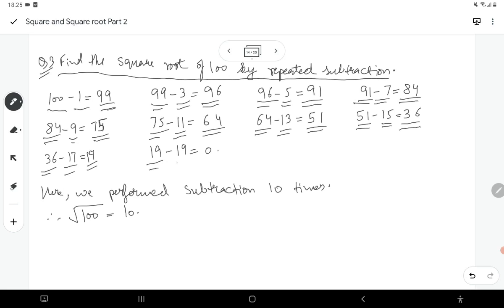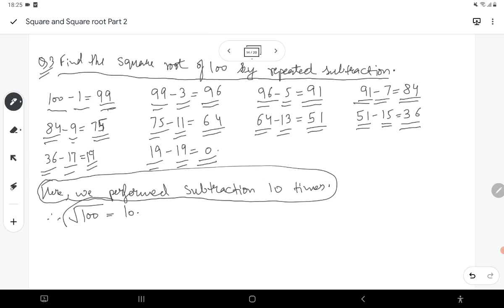And finally 19 minus 19 is equal to 0. So here we have performed subtraction 10 times. So the square root of 100 comes out to be 10.